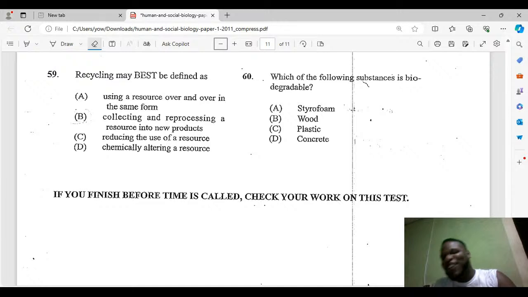TJ, when I was going to school, I did straight bio, and I did human and social bio and integrated science just for fun, because I never even went to class for them. I just assumed that once I do straight bio, I can do all the related subjects, because integrated science is like 80% or 70% bio.